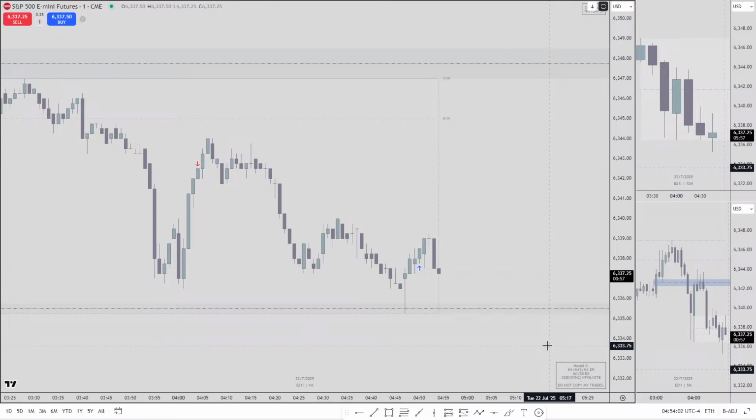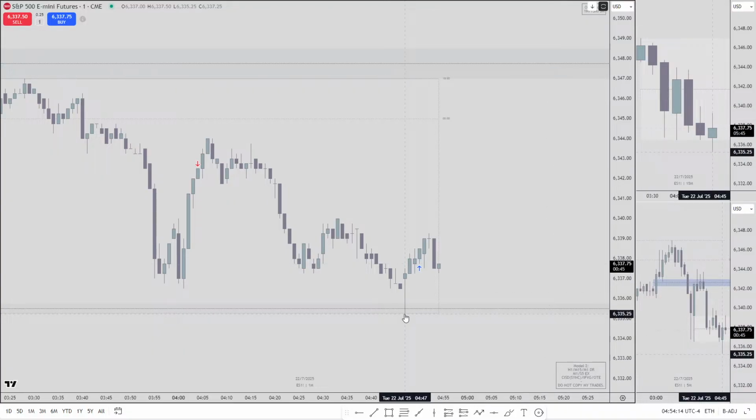Oh no! Oh no! Because if it runs this low, it's gonna overextend by a lot. That's how I feel. Closing back below the 50% would guarantee price running lower.